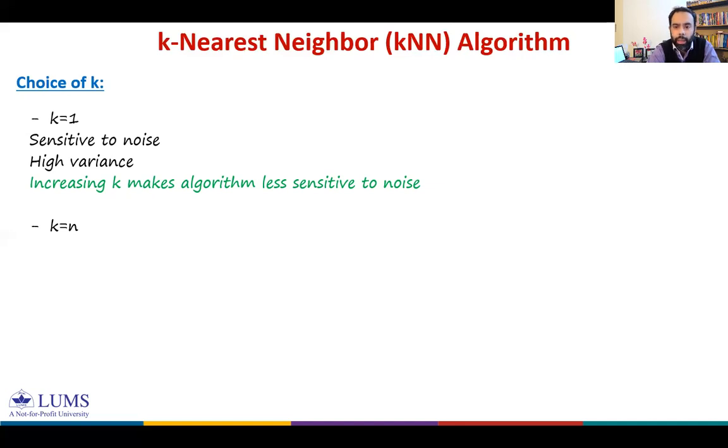what will KNN return? So the hint is that KNN will always give you the same value. What does KNN return? The label of, or the most frequent label.